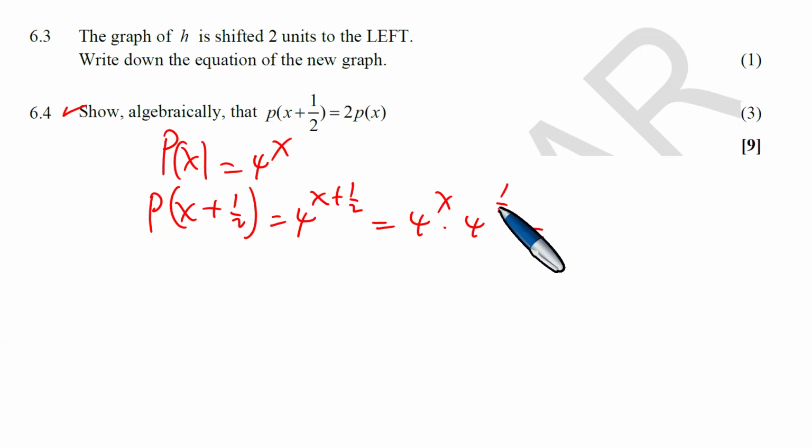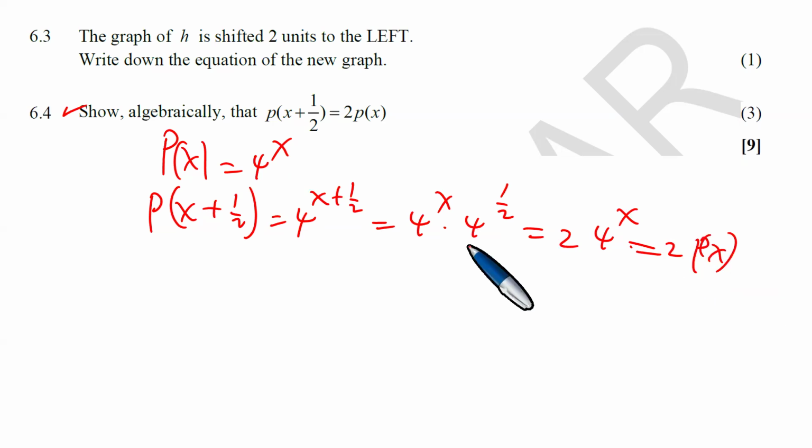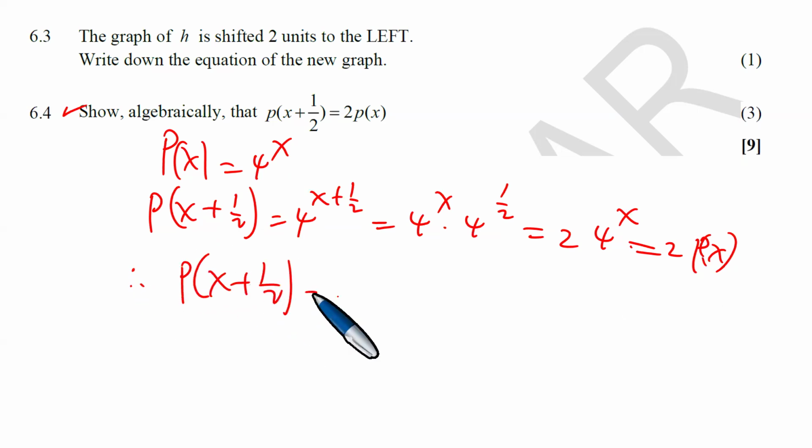This 4 to the power 1/2 is the square root of 4, and the square root of 4 is 2. Then 4 to the power x is p of x. Therefore, we can conclude that p of x plus 1/2 is actually 2 p of x.